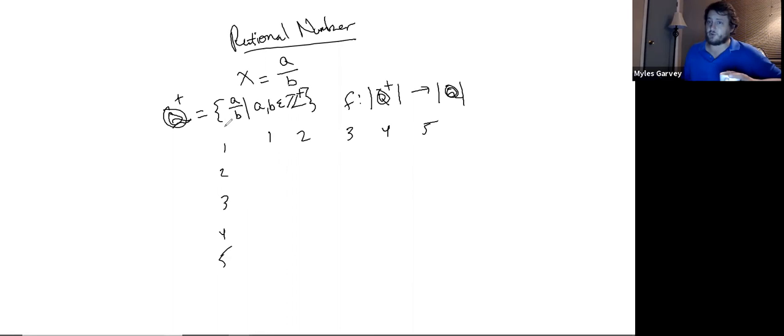I'm going to ignore 0 for now. And I'm going to let this be the fraction 1 over 1, 1 over 2, 1 over 3, 1 over 4, 1 over 5, and so on and so forth. In this row, the top number changes to the row number, 2 over 1, and the bottom number is the column number.